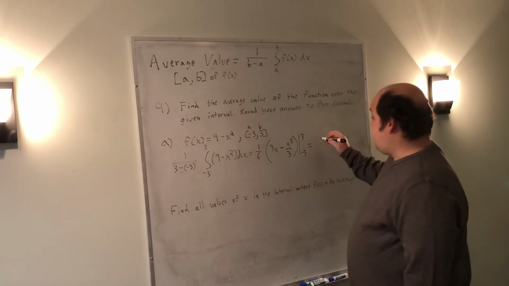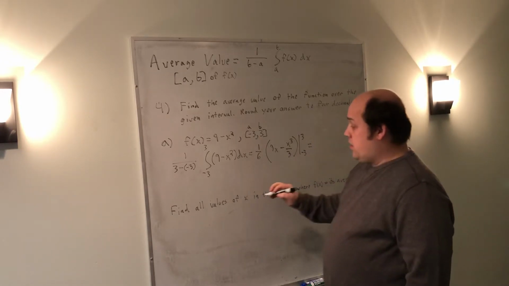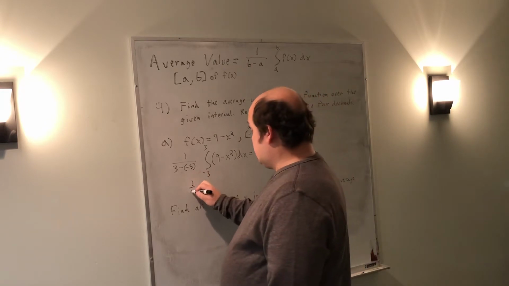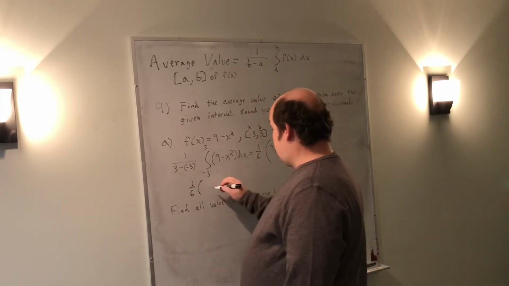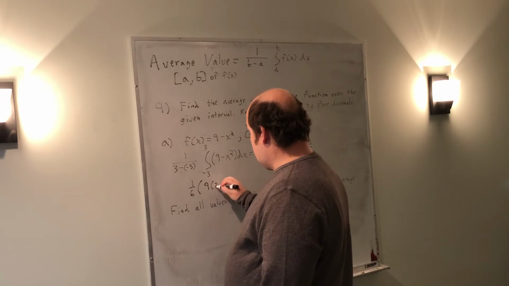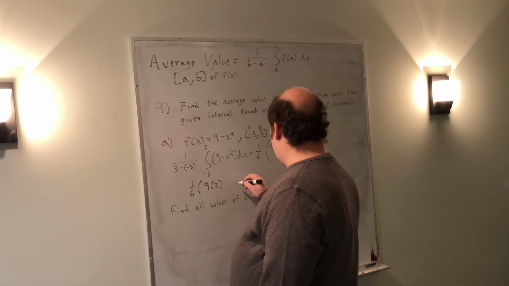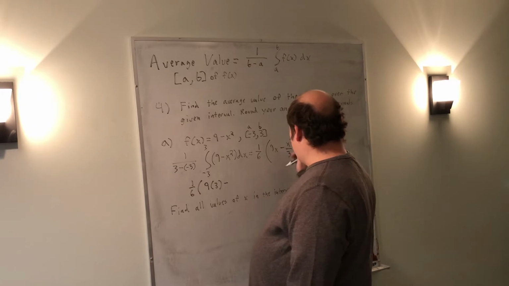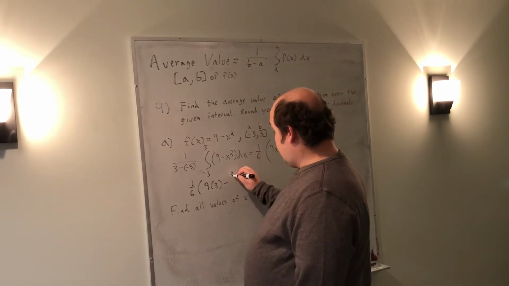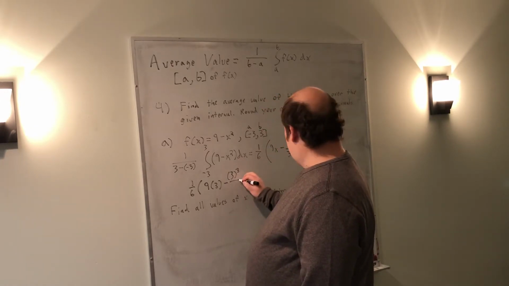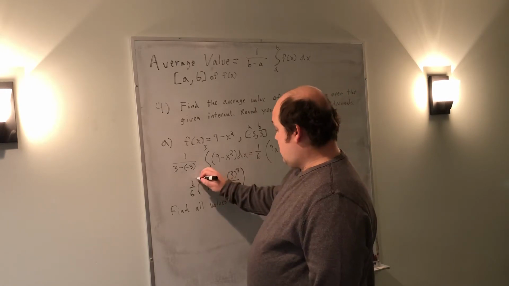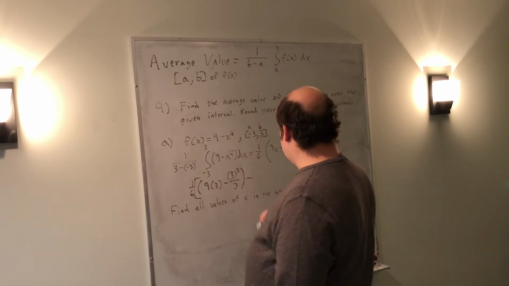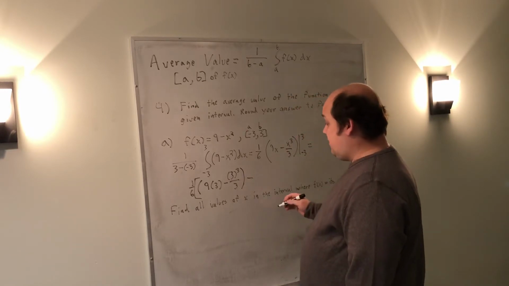So my next step, I'm going to plug in with the 1/6 still out front. When I plug in 3, I get 9 times 3. Then I'm going to subtract from that, when I plug in 3, 3 cubed over 3. From this, I need to subtract when I plug in the negative 3.